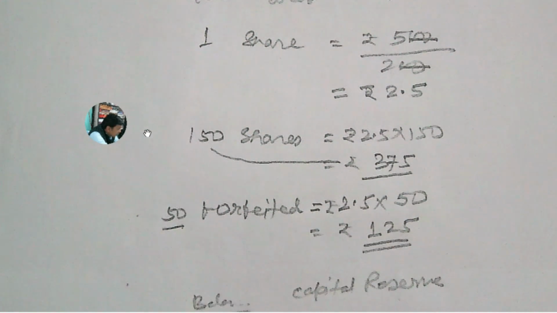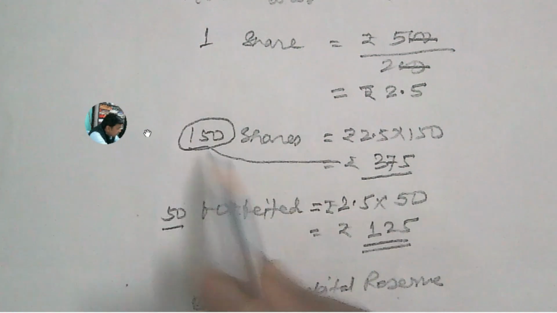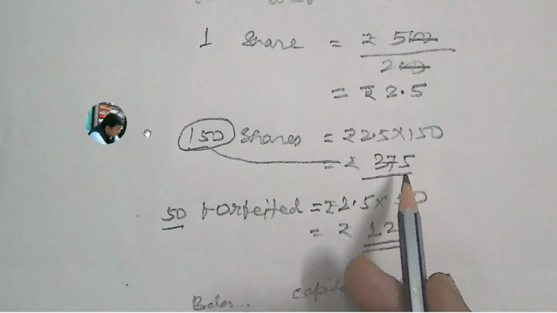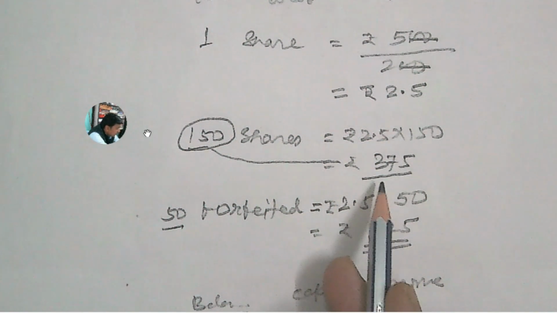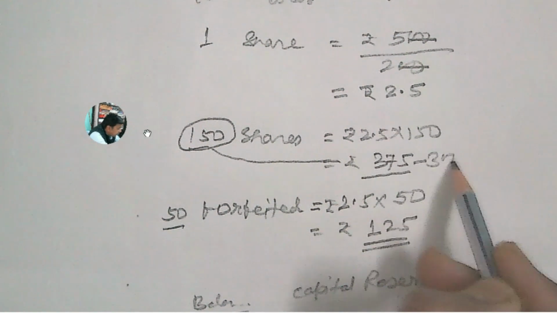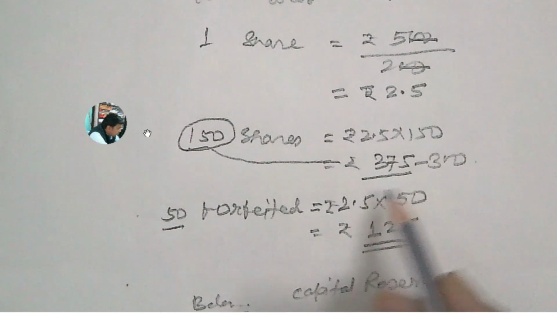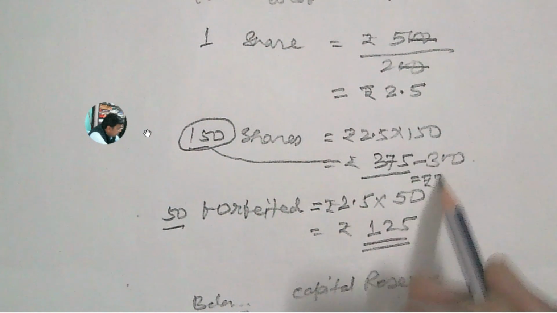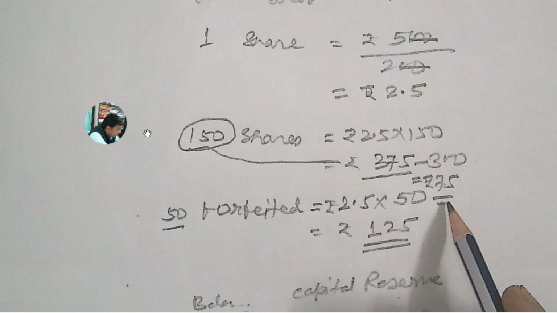Now the same journal entry will be passed in this case for the 150 shares issued. The loss on reissue of 150 shares is rupees 300, which is debited to share forfeited account, and the balance amount, rupees 75, shall be transferred to capital reserve account.